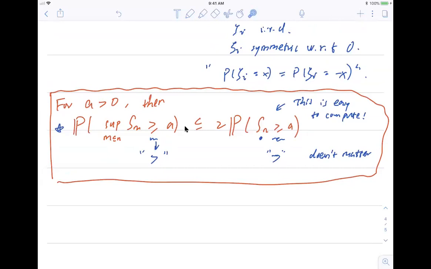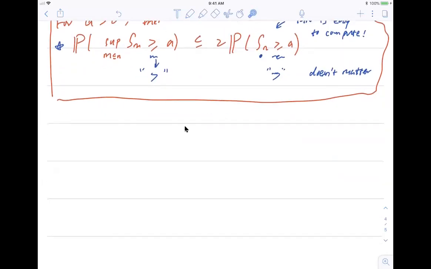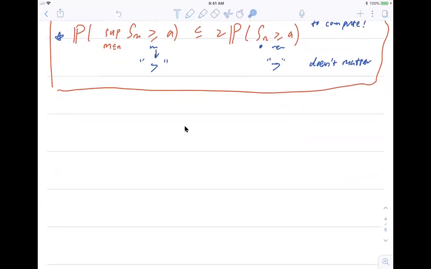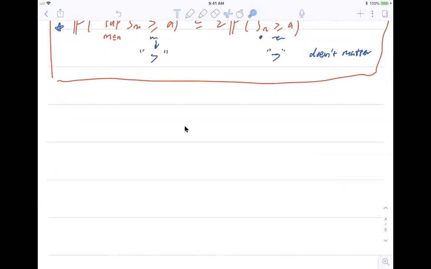Before I go to the next section, I just want to spend 2 minutes mentioning another result.